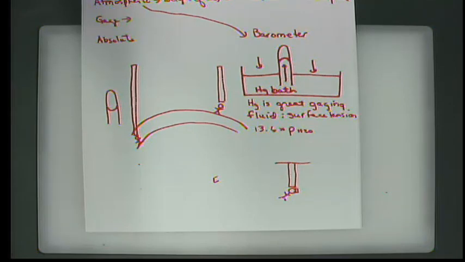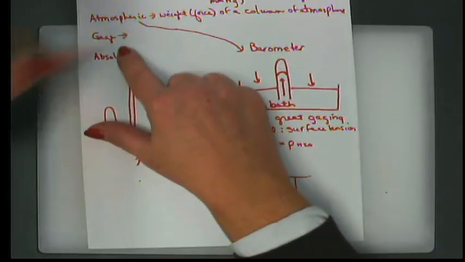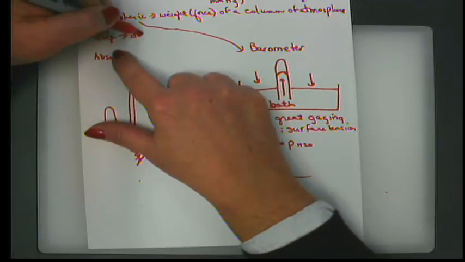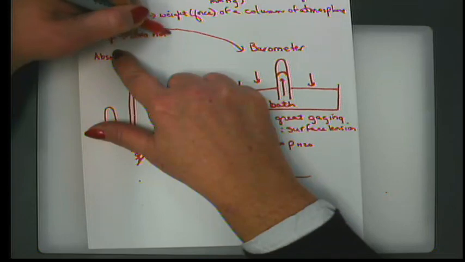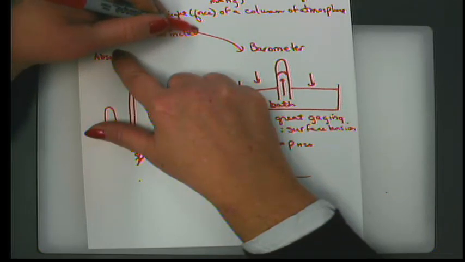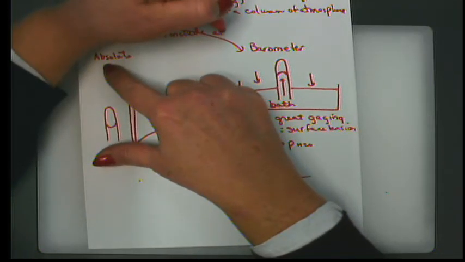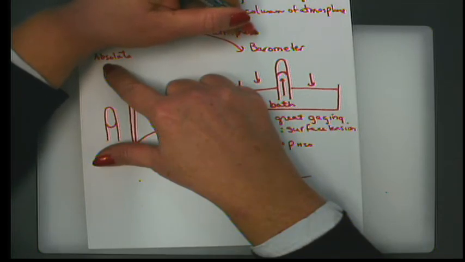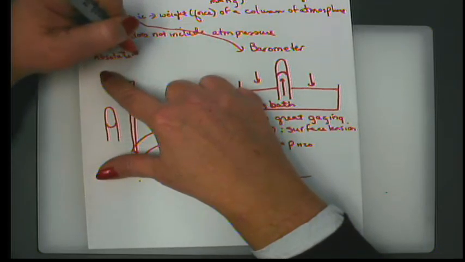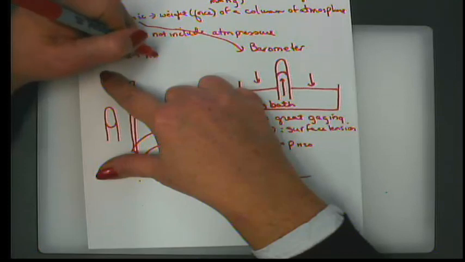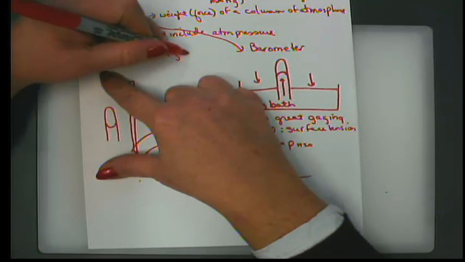That pressure is called gauge pressure because you read it off of a gauge. So the difference is that gauge pressure does not include atmospheric pressure. All right, and last but not least, absolute pressure is atmospheric pressure plus gauge pressure.